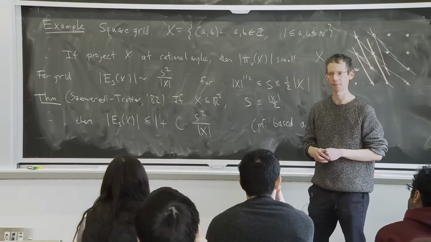OK, so let me sketch the proof of this lemma. It has a simple explanation. So the Fourier transform of pi_V f at xi is the integral over V of pi_V f of y, e to the minus i xi dot y, dy.